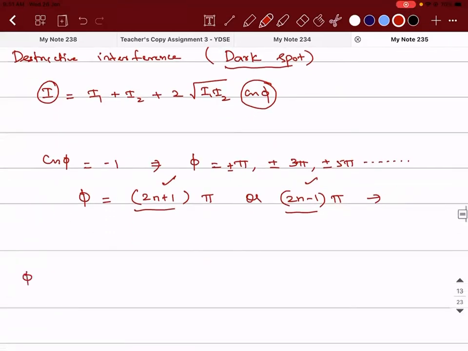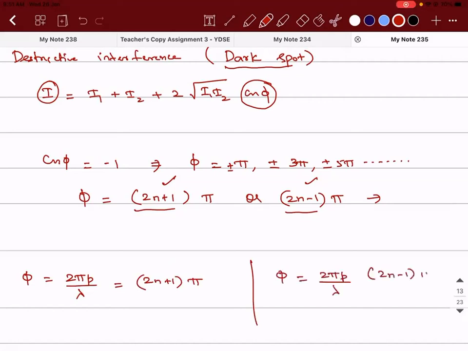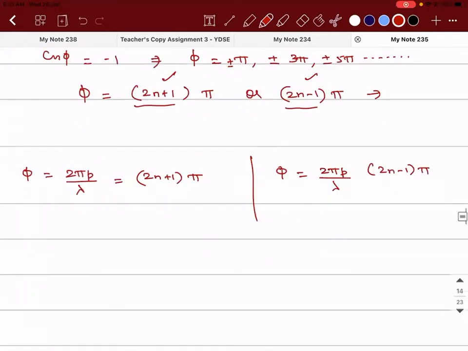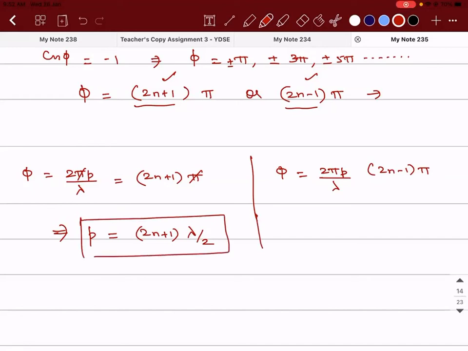Similarly, we know that phi is equal to 2 pi into p divided by lambda. So if I write phi as 2n plus 1 into pi, or I write phi as 2n minus 1 into pi, in both the scenarios, let's see what is going to happen. Here pi and pi will get cancelled, which implies p is equal to 2n plus 1 into lambda divided by 2. So this is one of the conditions for path difference.